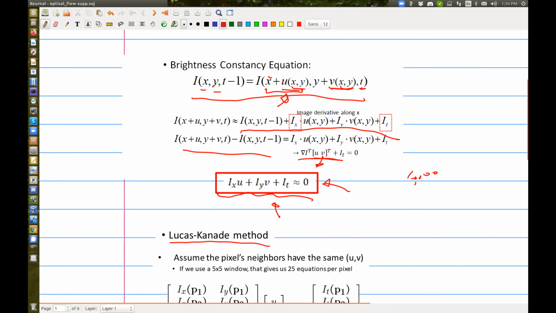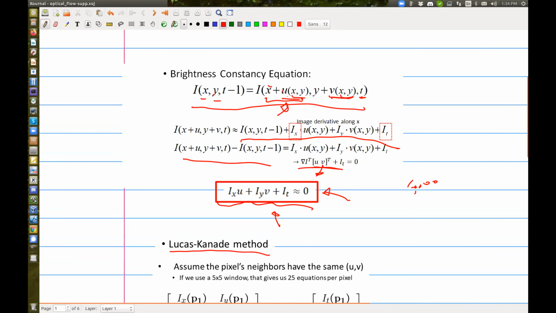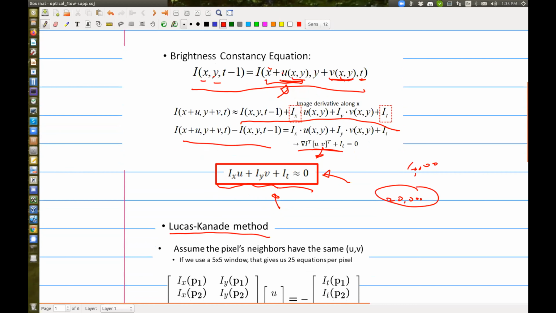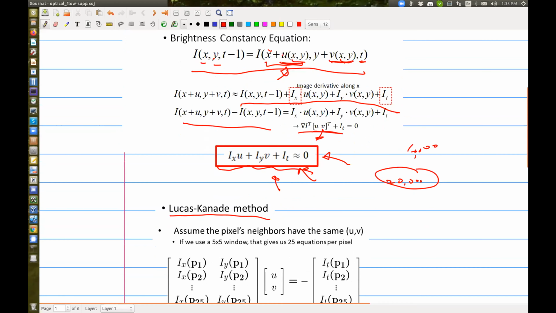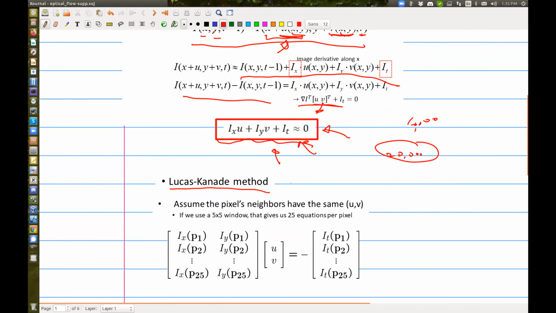For each pixel we have an unknown u and v, so actually 20,000 variables, but for each pixel we only have one equation. So we have basically double the number of unknowns than the number of equations, so in general it's an ill-posed problem.